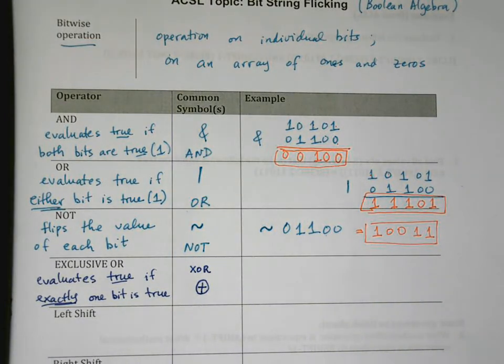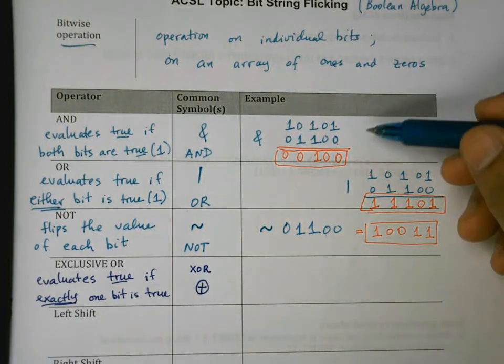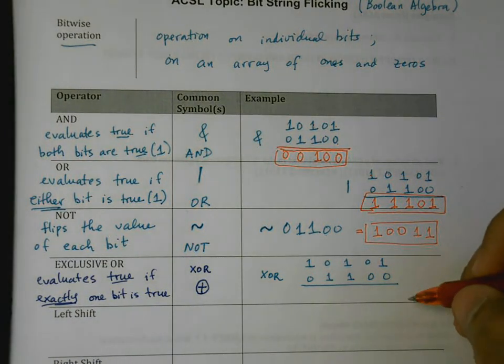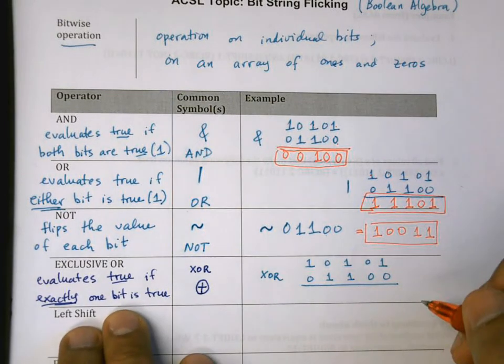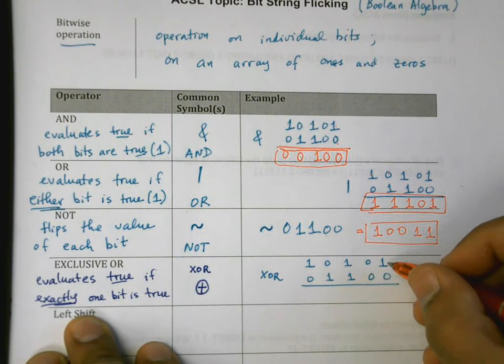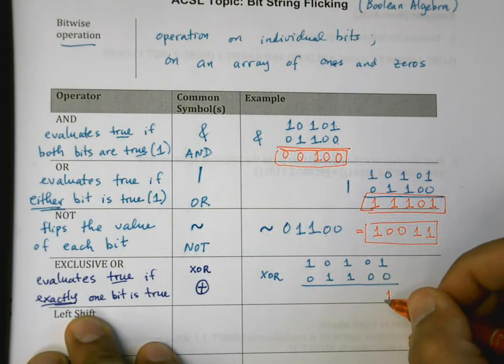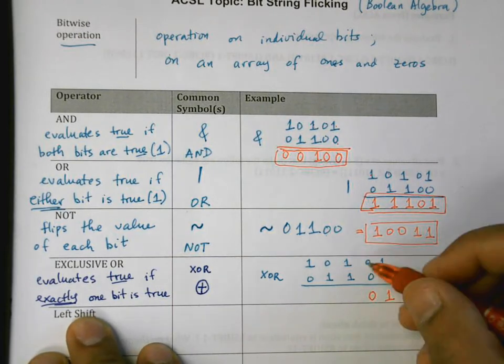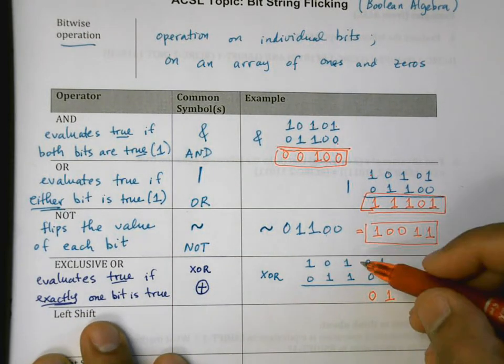Let's take a look at an example. Maybe we should do the exact thing we did up here, so you can kind of see the difference. We look at each of these bits, and again, we only evaluate to true if one and only one bit is true. So here you have a 1 and a 0, so that becomes a 1. Neither bit is true, so that stays 0. Here, this is where there's a difference.